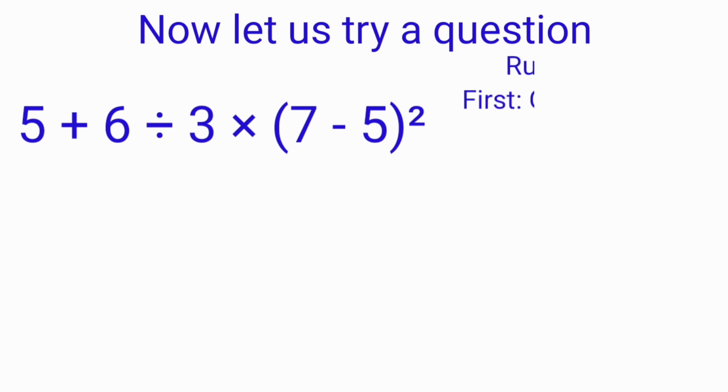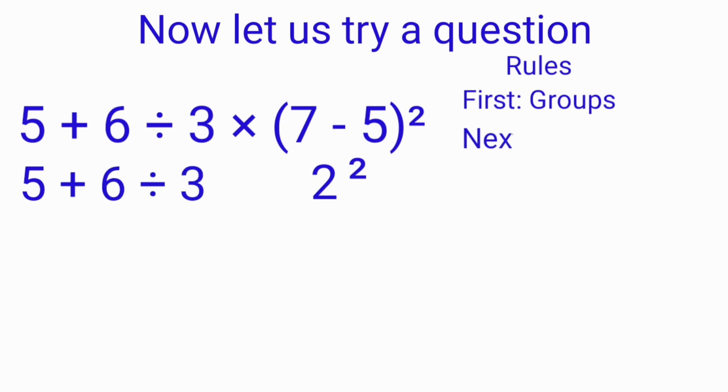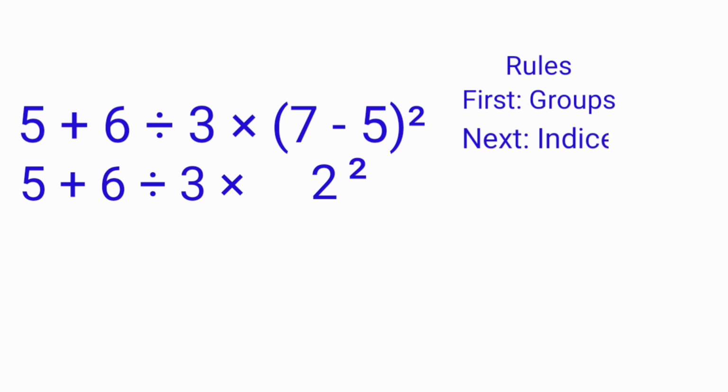But first, we do everything in grouping symbols. So 7 minus 5 gives 2. We keep the exponent and we put back all the numbers that we did not operate on. Next, we do indices.